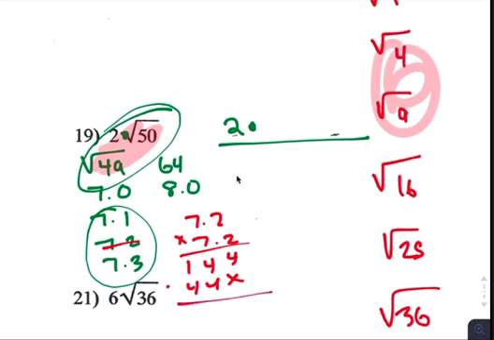Okay, add them together. 4, 8, 5. Did I do something wrong? That's just too big. 14 carry 1.